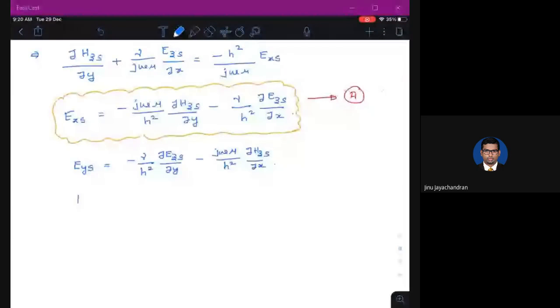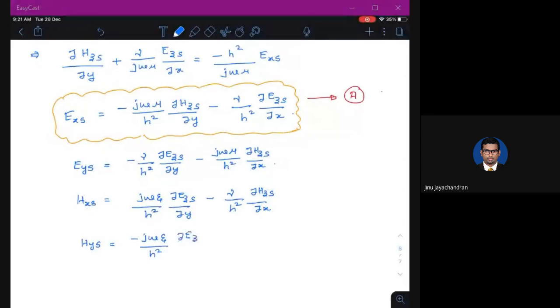Similarly, Hxs is equal to (jωε/h²) ∂Ezs/∂y − (γ/h²) ∂Hzs/∂x. And finally, Hys is equal to −(jωε/h²) ∂Ezs/∂x − (γ/h²) ∂Hzs/∂y.